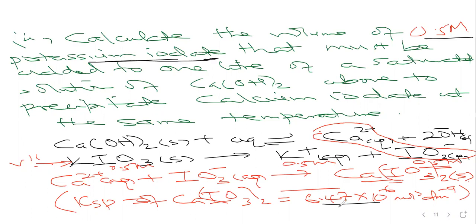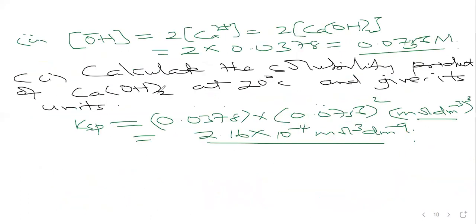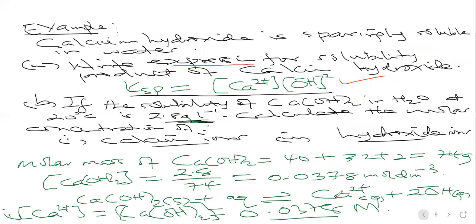So we have the KsP here. We also have the concentration of the calcium ions. Which concentration of calcium ions? If I take you back here, the concentration of calcium ions is coming from this side. We already have it here as 0.0378.